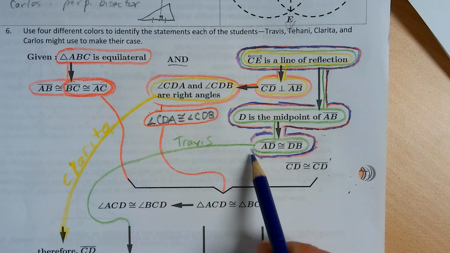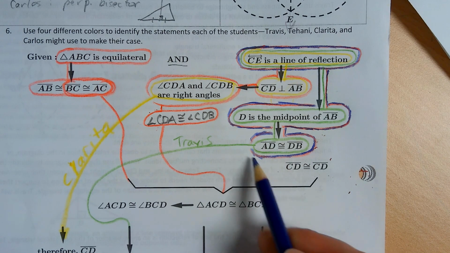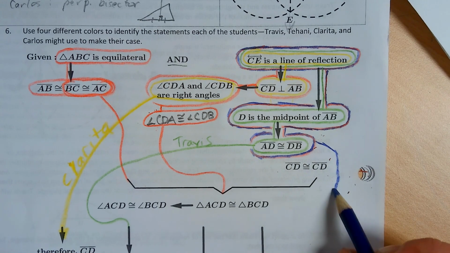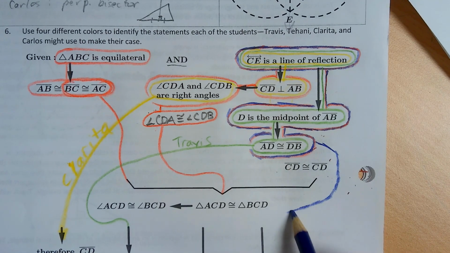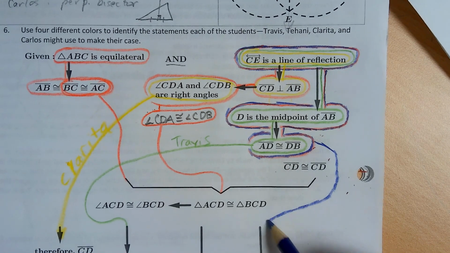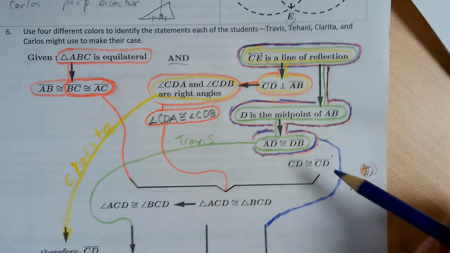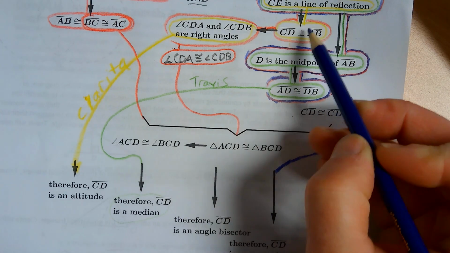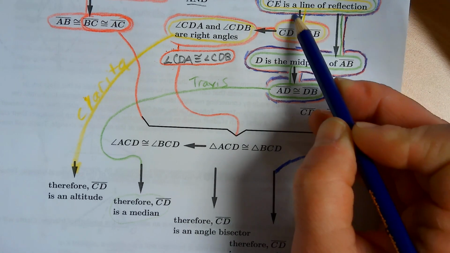Okay, this is the bisector part that Carlos needs. Going this way. And he also needs that it's perpendicular. Where does that come from? Right here.